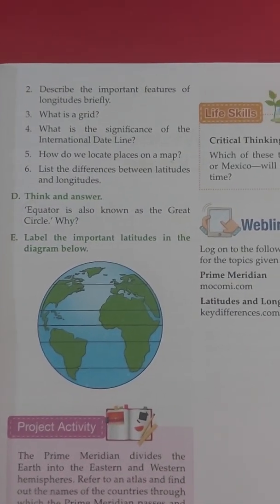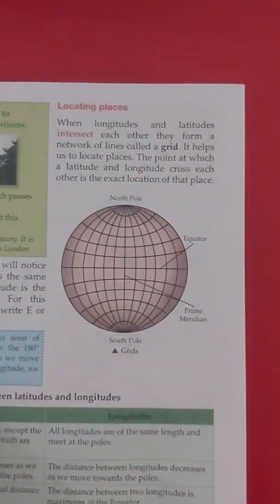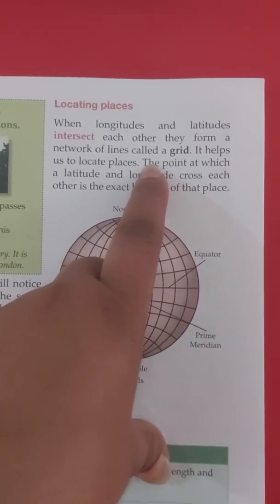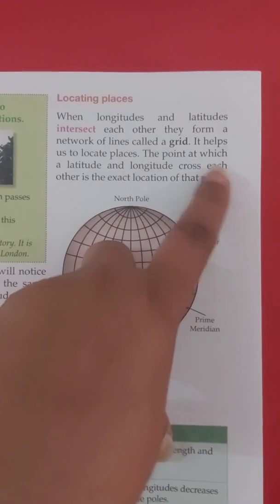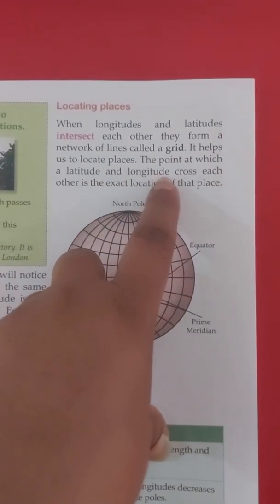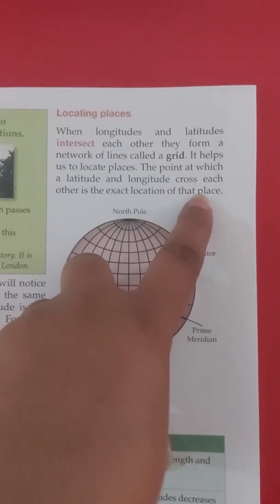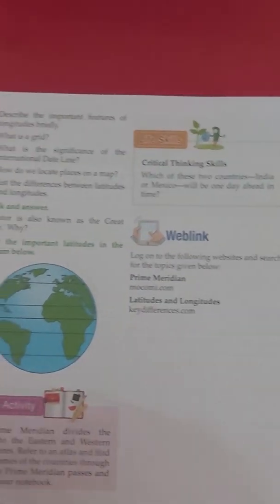How do we locate places on a map? For that, you have to move to page number 9. Here, under the heading locating places, starting from the 4th line: the point at which latitude and longitude cross each other is the exact location of that place. This is the answer for number 5.